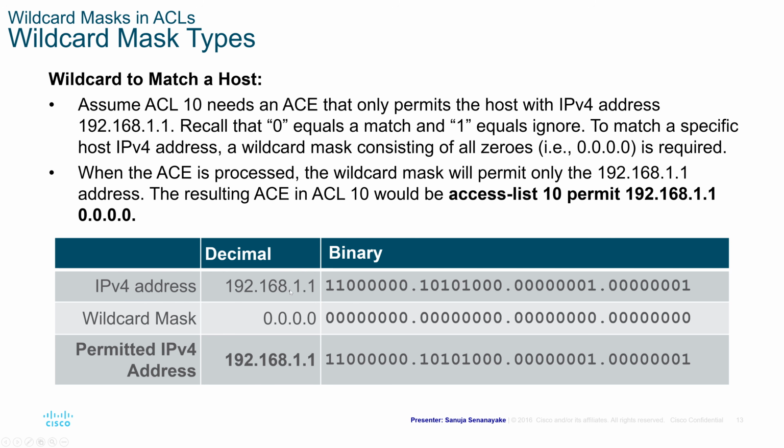So you will have the IP address and the wildcard mask, and the permitted address is 192.168.1.1. The complete command is access-list 10 permit 192.168.1.1, and the wildcard mask right after it. So that is a wildcard mask to match a host.